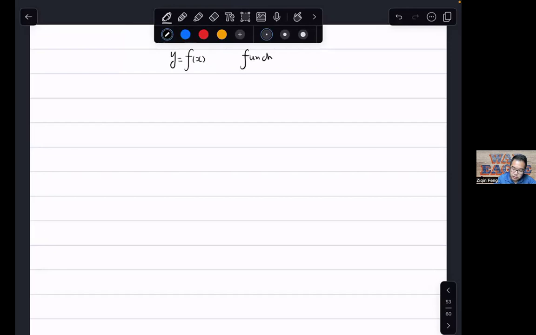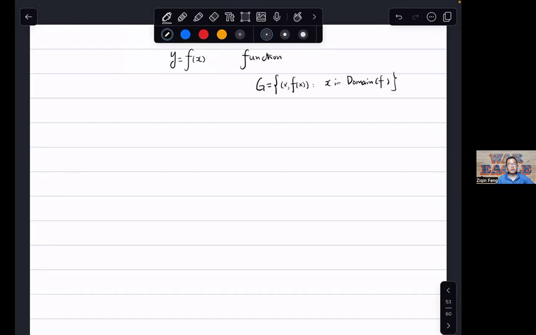There are two collections of properties. For example, you can write on the graph G here to be the points x, f of x, where x is inside the domain of f.